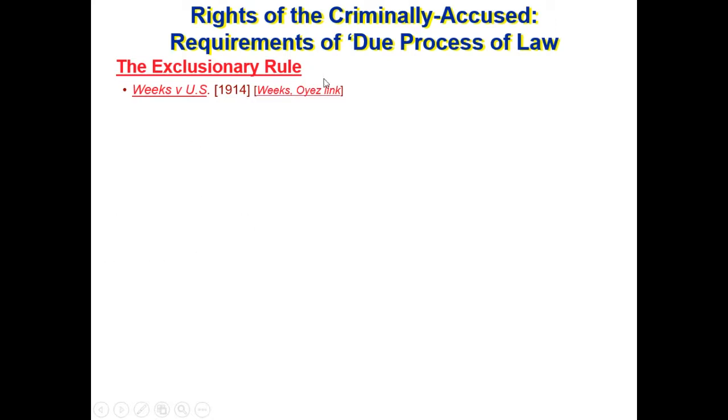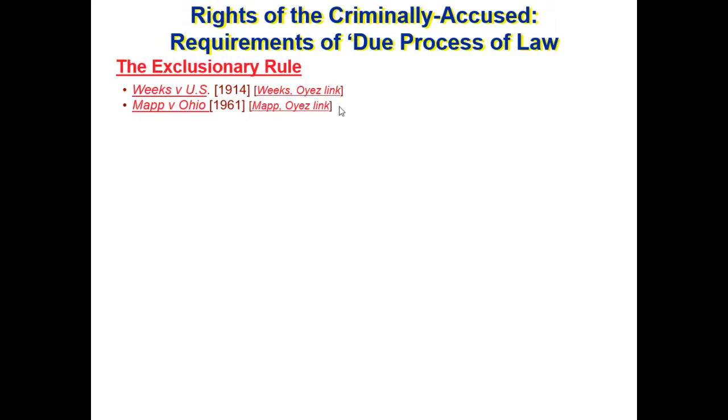It took another 50 years for the United States Supreme Court to say that the right of the people to be secure in their persons, houses, papers, and effects against unreasonable searches and seizures is also protected against the authority of state and local law enforcement. That happened in a case called Mapp versus Ohio.